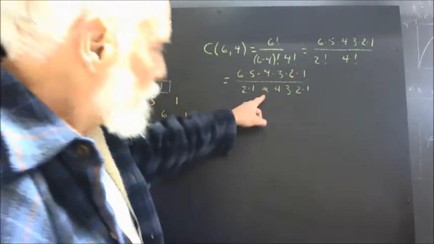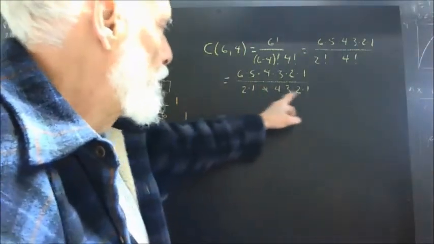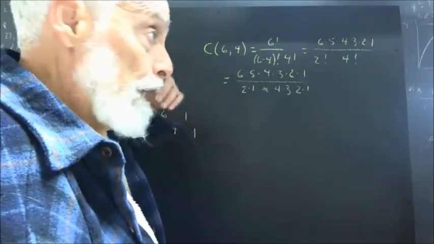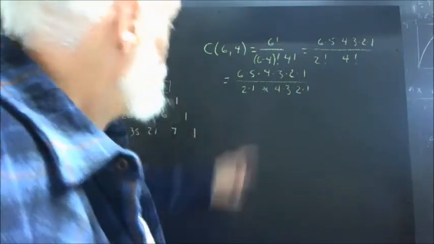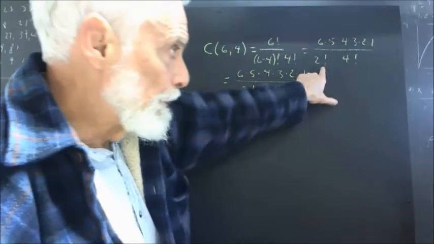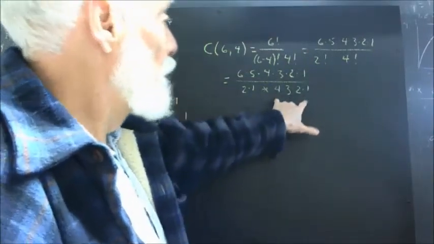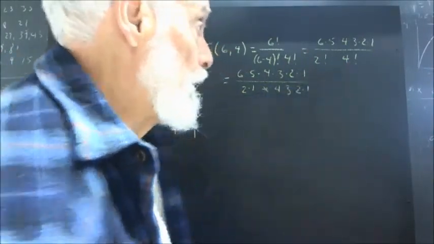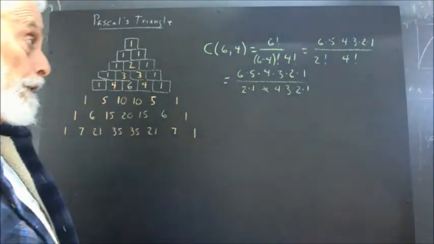Now I use the asterisk for multiplication here and dots for multiplication here. I could use asterisks for every multiplication. I could use dots for every multiplication. I chose to use a different symbol here just to separate the 2 times 1, which came from the 2 factorial, and the 4 times 3 times 2 times 1, which came from the 4 factorial.